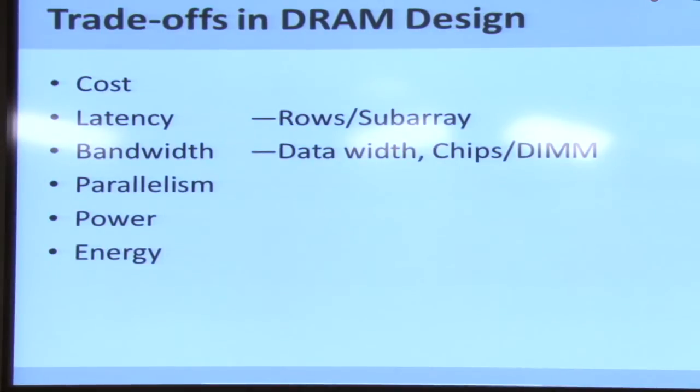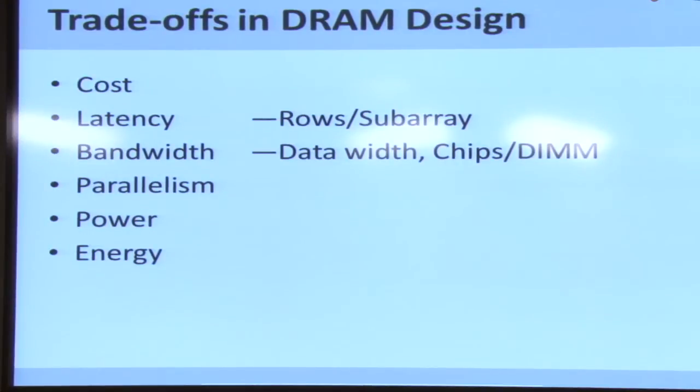Okay, this is the last thing that we'll discuss from this trade-off perspective: parallelism. And what do you think affects parallelism of DRAM today? Like, what factor would I increase if I wanted to increase the parallelism within DRAM? Banks.